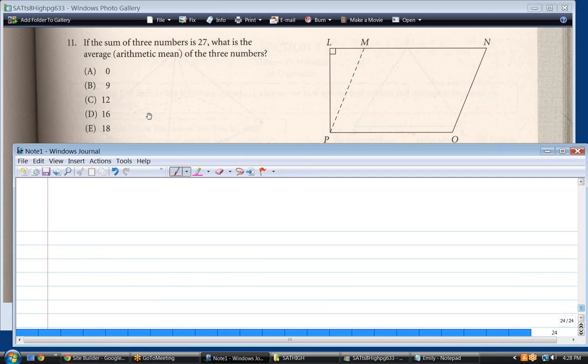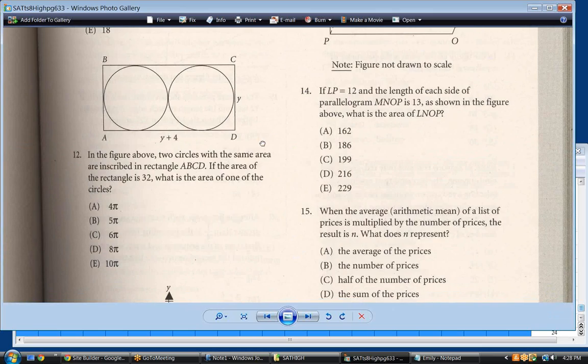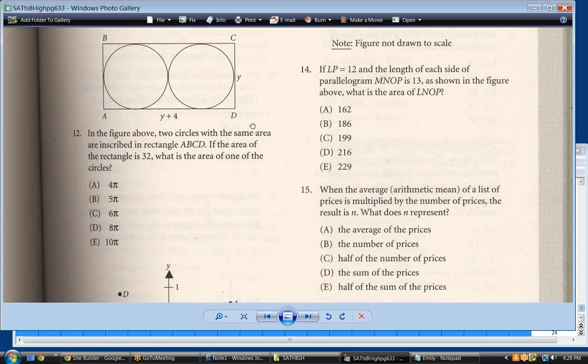Is this a joke? That's 9. Yeah, I know. It almost seems like a trick question, huh? Yeah. Well, let's do one more then. 12. I know this one's not that easy.